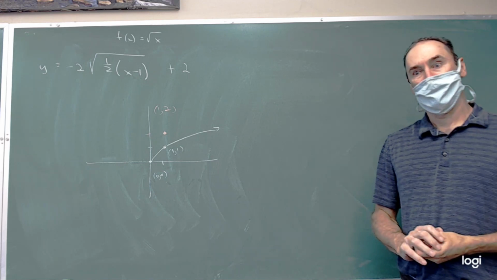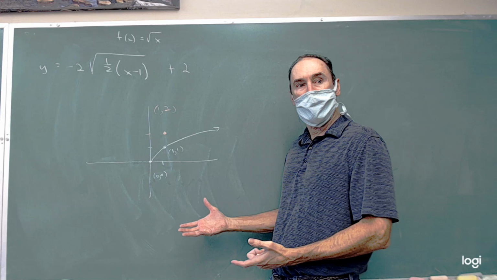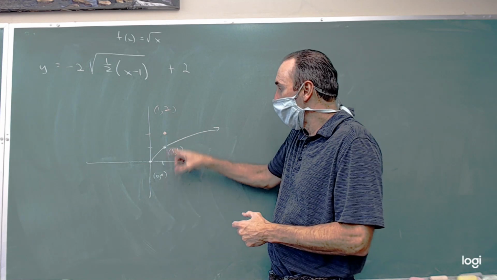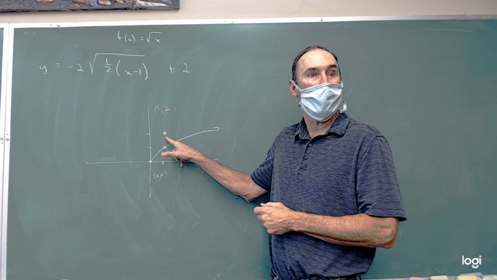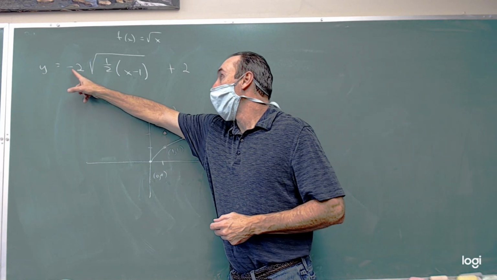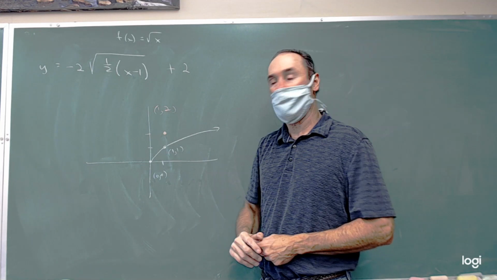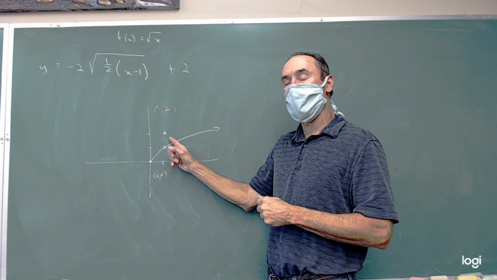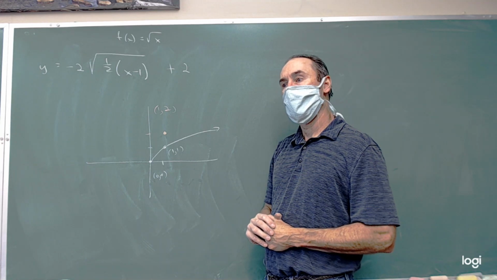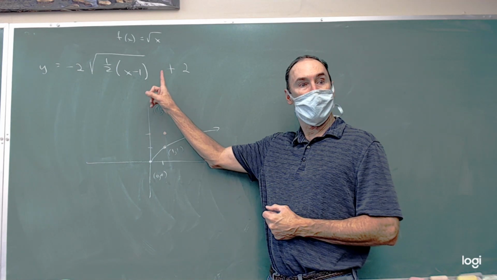Is that okay? Now, the 1, 1, the translation part is going to be taken into account by, we're going to play off of this point that's already been moved. And so then we're going to use now both the reflection, the vertical stretch, and the horizontal stretch going from this point. So we said the negative part means it's going to be going down instead of up.